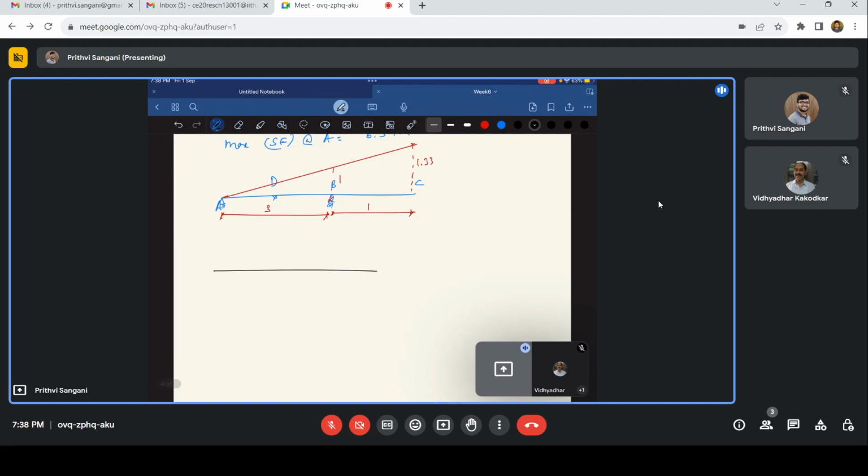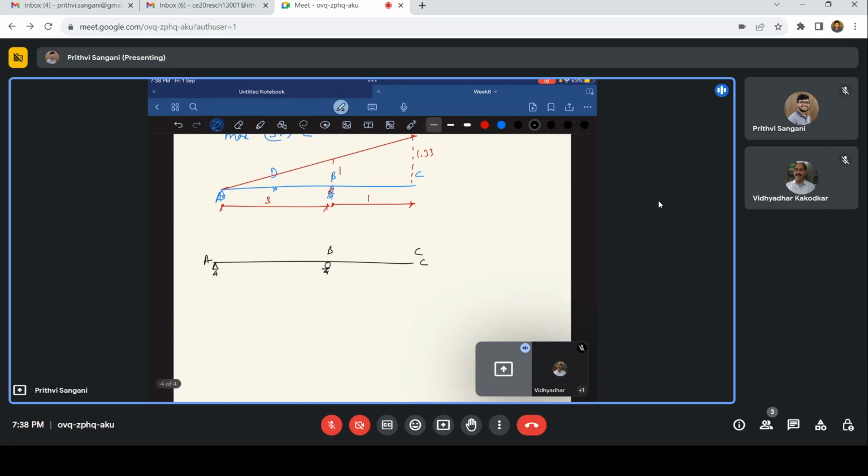This is my A, B, and C. I want the shear force at B. Initially, when I place my unit load at A, the shear force at B is zero. Now next, I'll place my unit load at D. What happens to my shear force at B?